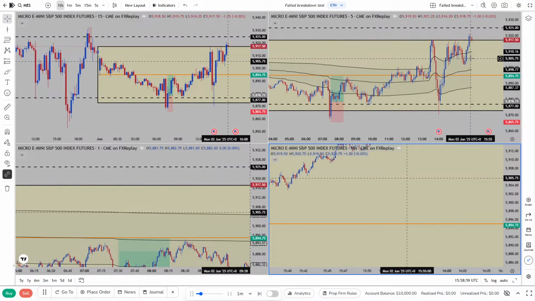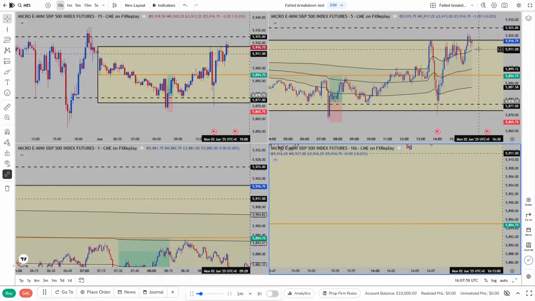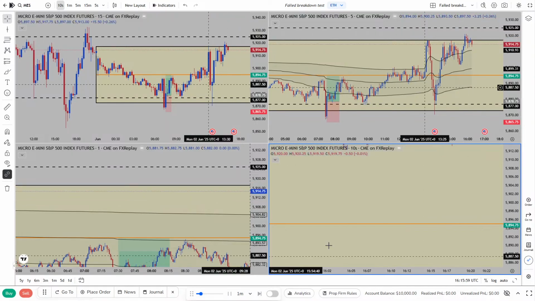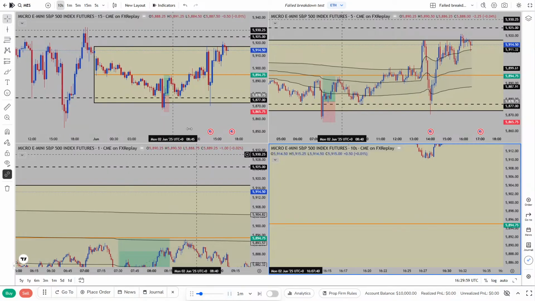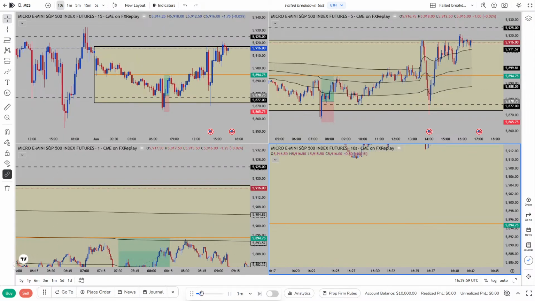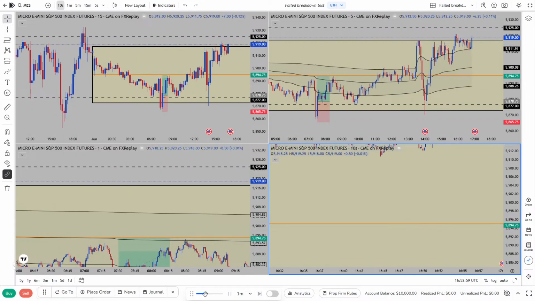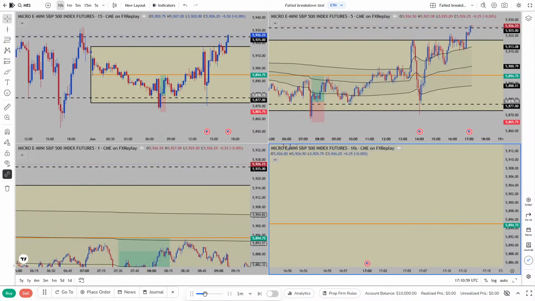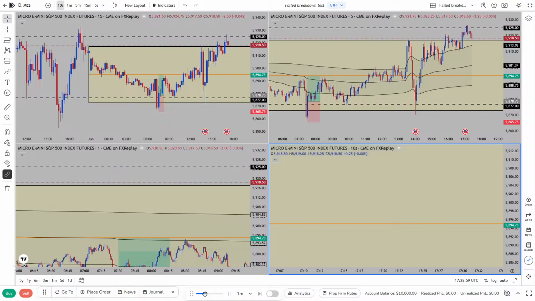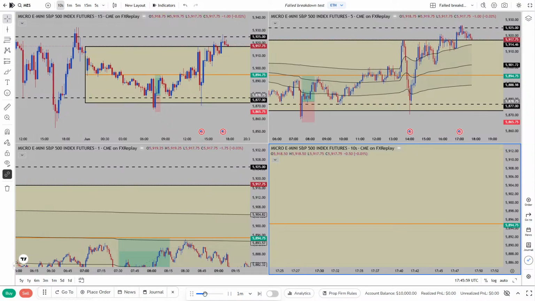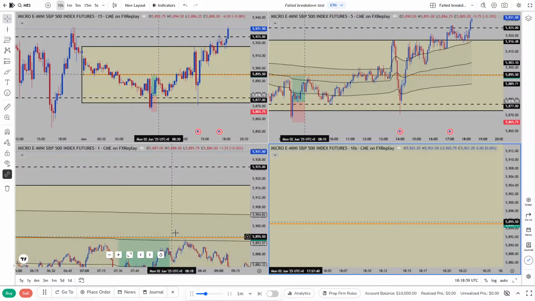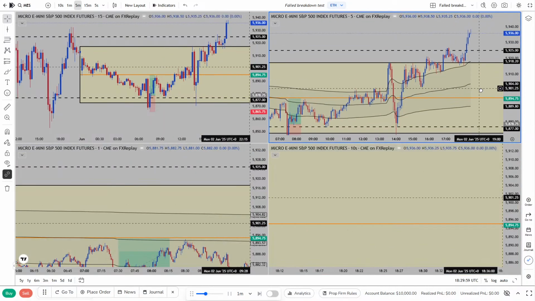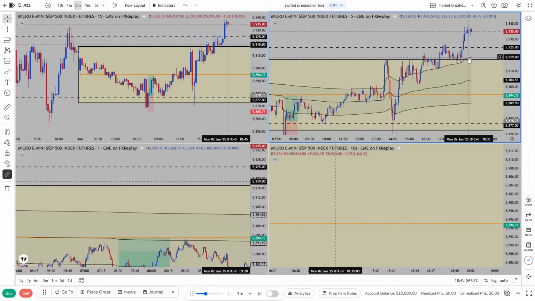And we see on Monday that it does the breakout, right at the DVA high.